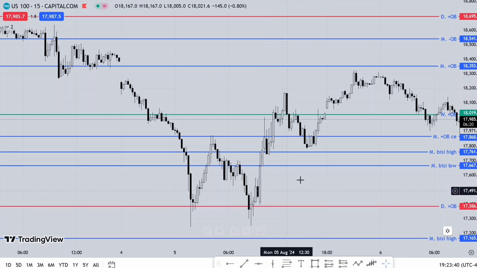And where do you expect to take your position off? At also key levels, at key levels above the current market price. So you can offload something at this key level, which is this monthly bullish order block consequent encroachment.